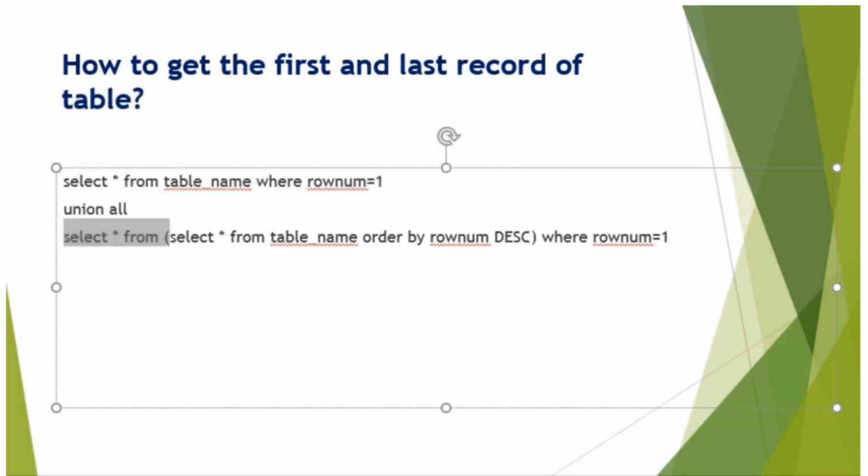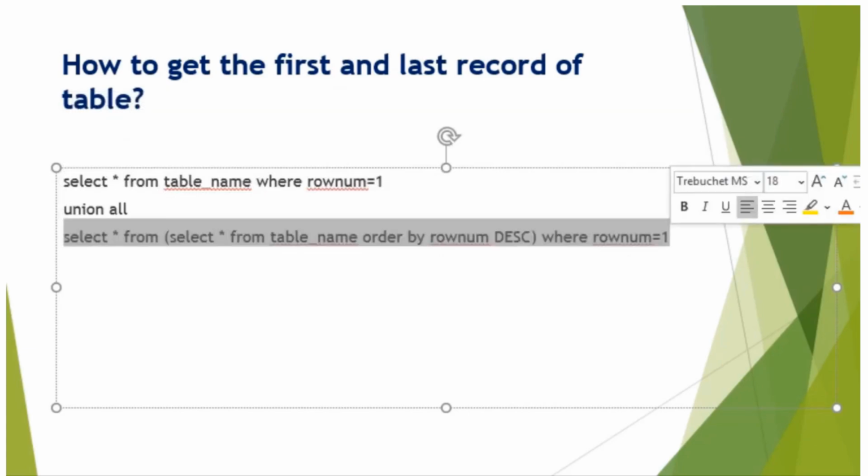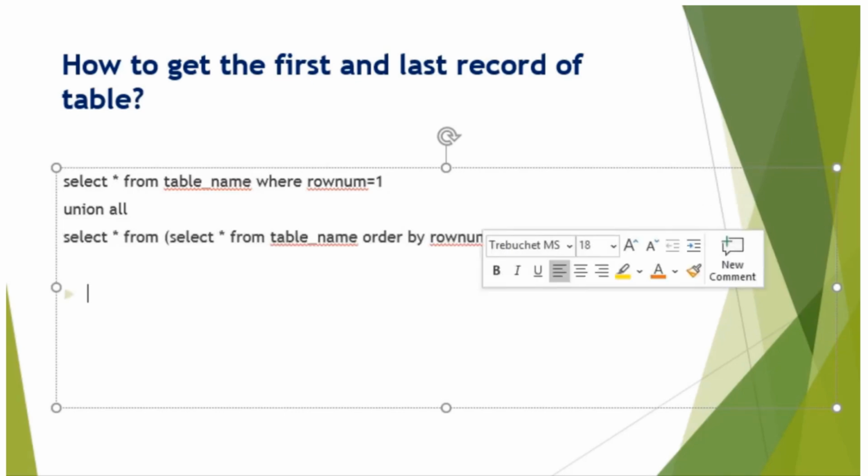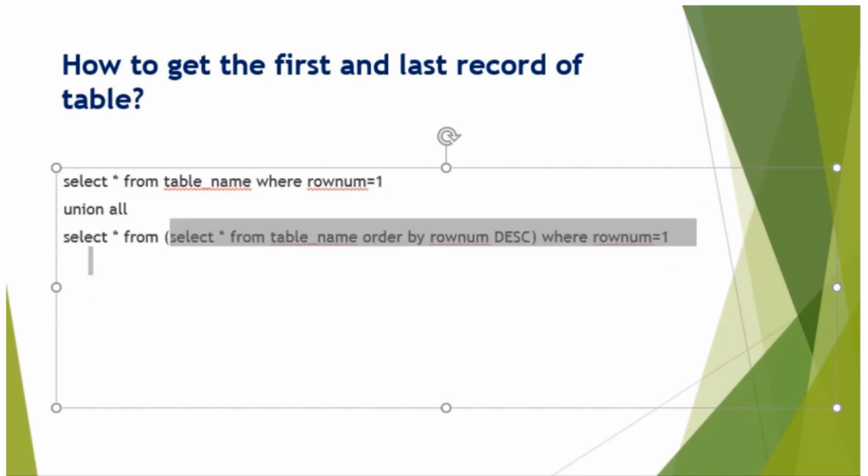Now I want the last record of a table. How am I going to do it? I have written a select subquery. Here you can see: select star from table name, order by rownum DESC. Here I am giving the rownum value in descending order.